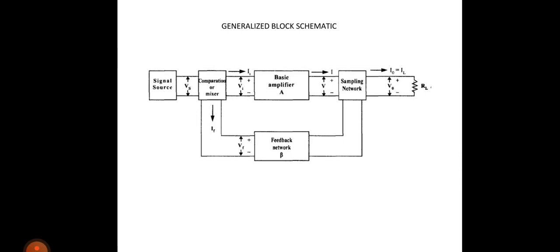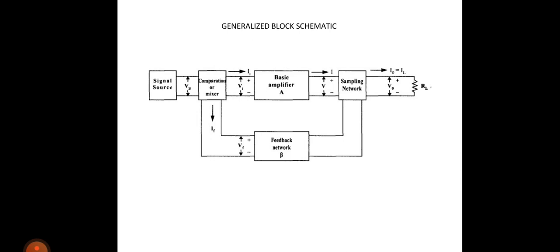In basic amplifier, A represents gain or transfer ratio. The symbol A represents the ratio of output signal to the input signal of the basic amplifier. Here, what is the output of the basic amplifier? V. What is the input of the basic amplifier? Vi.